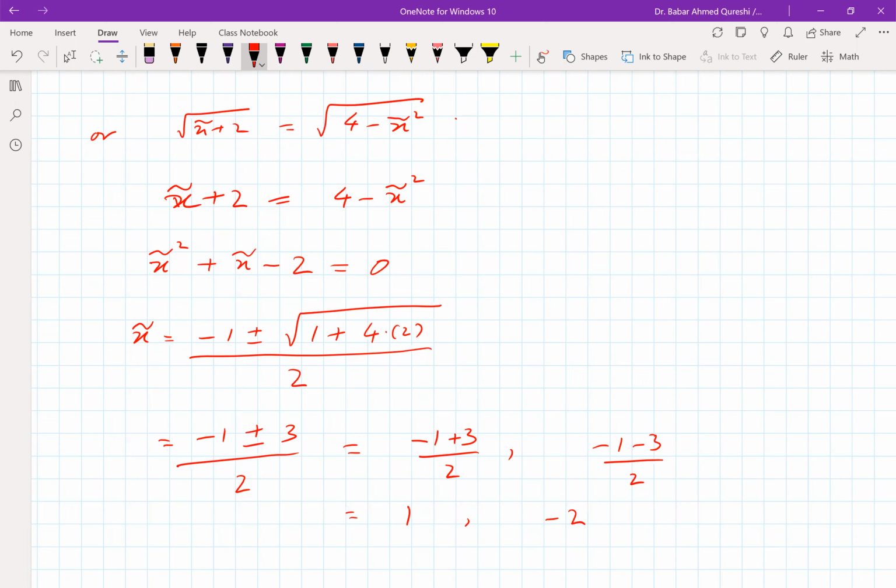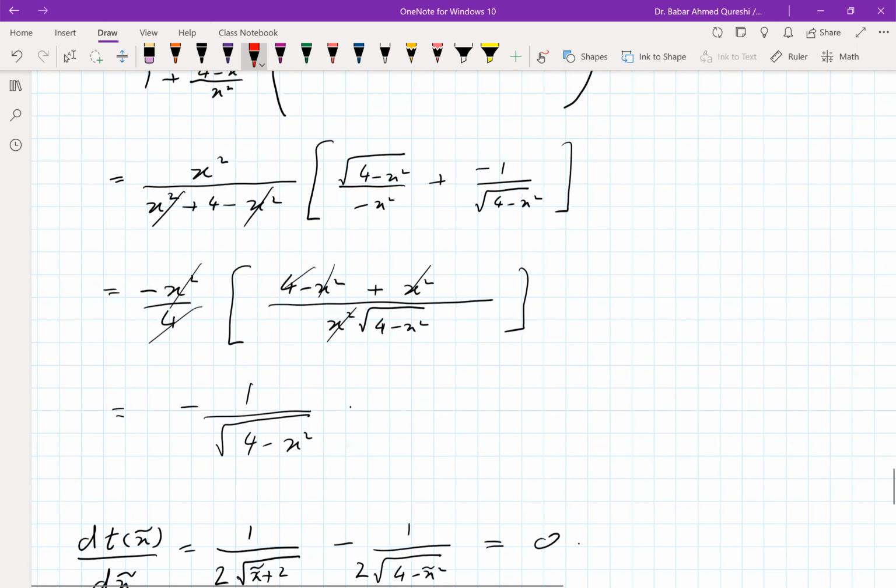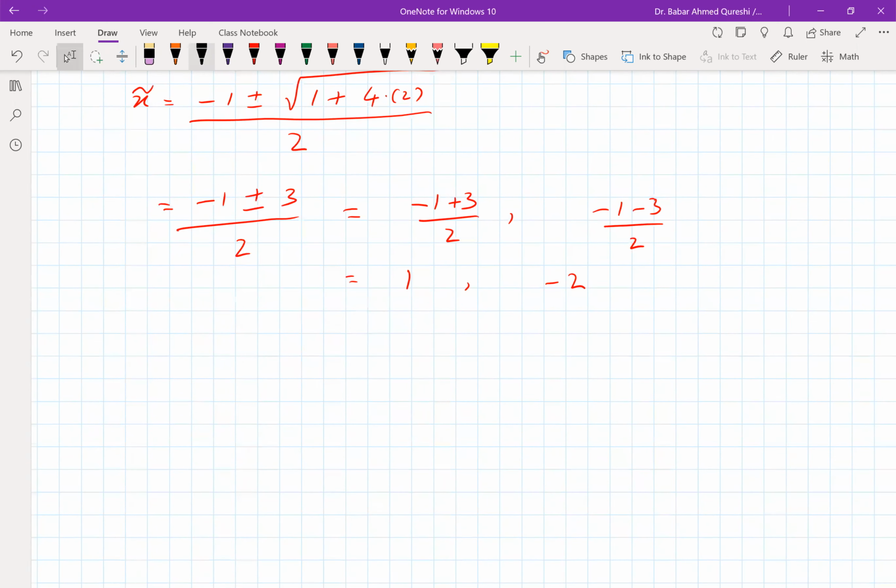So what does this mean? This was the point. Well, you have 2 points. So the extremas occur at x tilde minus 2 and x tilde 1.